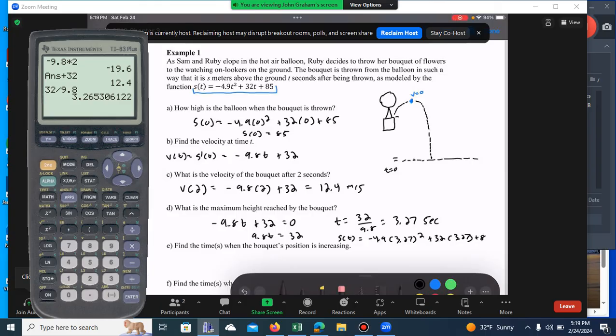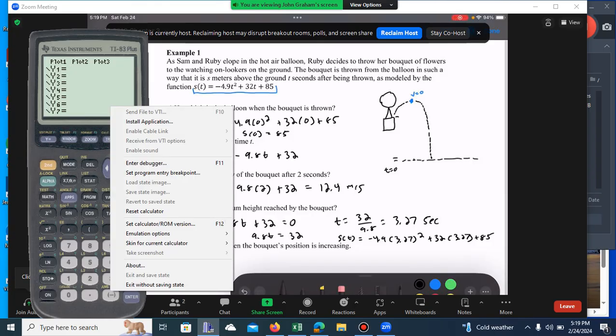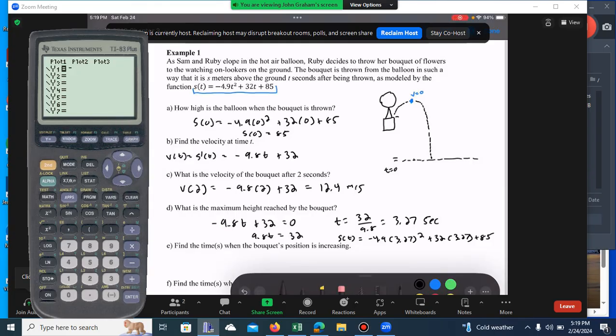We're going to probably do this a couple of times with different values, so I'm going to actually put the function in. Negative 4.9 t squared plus 32t plus 85.